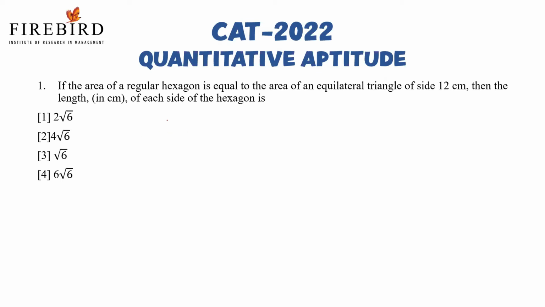Just read this question now. If the area of a regular hexagon is equal to the area of an equilateral triangle of side 12 centimeter, then the length in centimeter of each side of the hexagon is what? Each side of the hexagon they are asking.